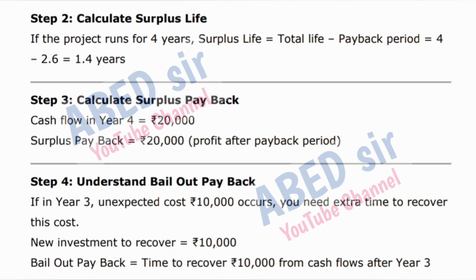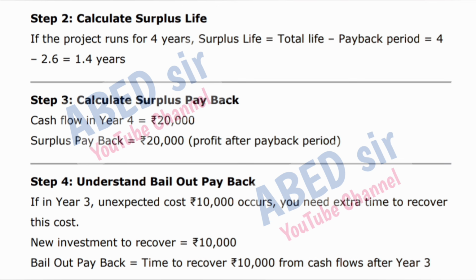Step 3. Calculate surplus payback. Cash flow in year 4 is equal to 20,000 rupees. Surplus payback is equal to 20,000 rupees, the profit after the payback period.